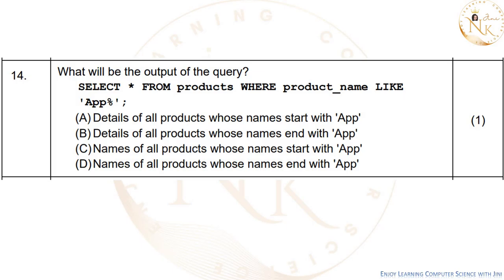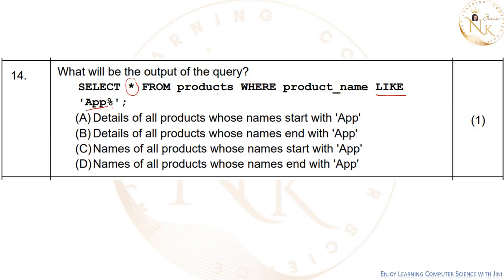Next question. What will be the output of the query? Select asterisk from products where product name like 'app%'. So you have like app percentage. That means it has to select all details of all the products from the table products where the product name begins with APP, right? Begins with APP.